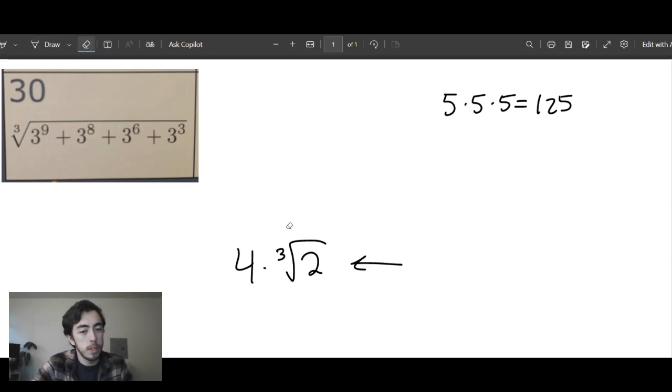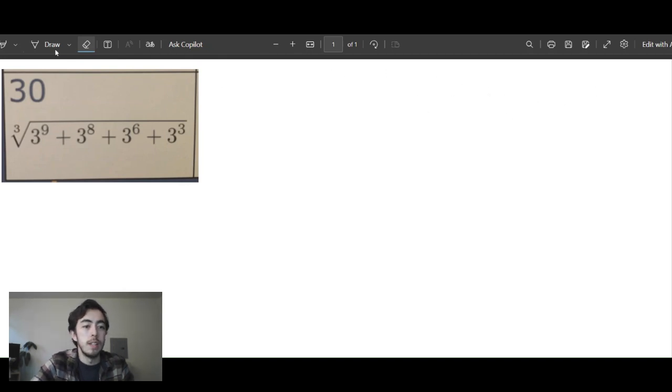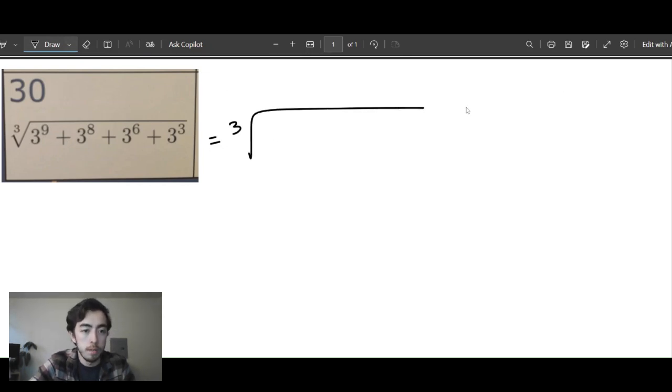So that's probably going to be my goal here, where I want to try to find some common factors and see if I can take them out of that cube root sign. So I'll rewrite it. I got the cube root of, and then I notice that all of these have 3 cubed as a factor. So if I factor out a 3 cubed, I want to figure out how many more 3's I have left in each of my addends, or each of the things being added up.